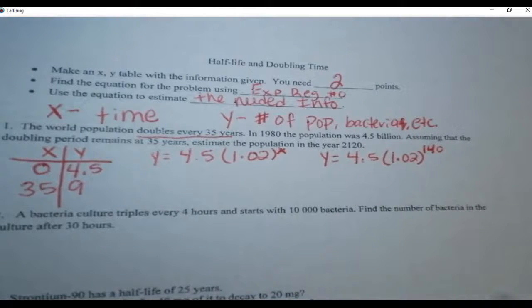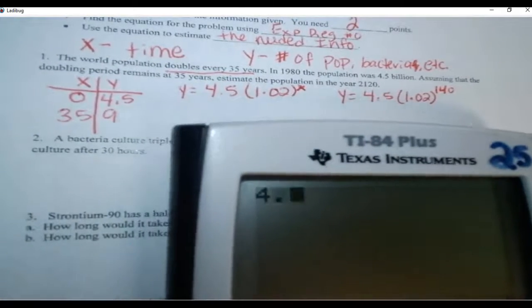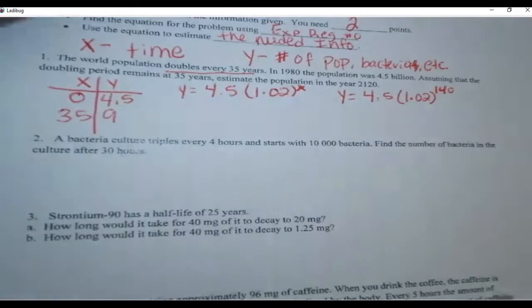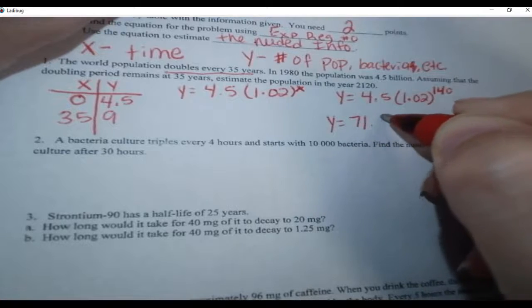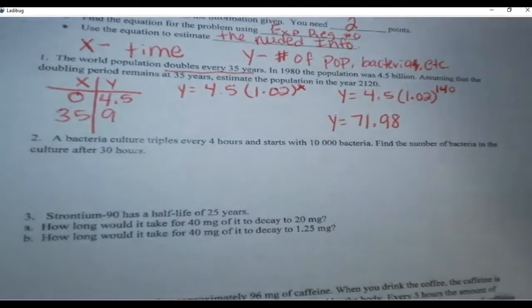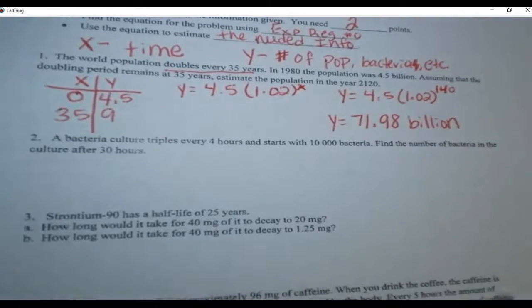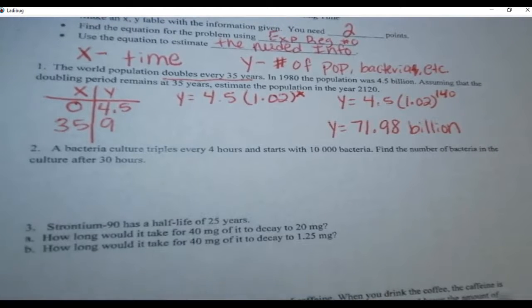And then you just type that in. So we get 71.98 what? Billion. Good. Very good. Questions on that?